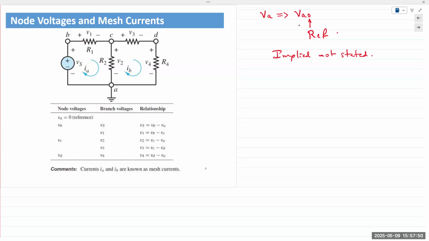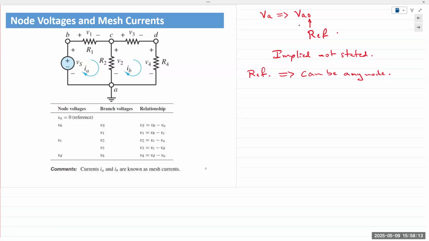And here's the important thing. The reference point does not necessarily have to be ground. It could be any point in the circuit. The reference point can be any node in the circuit.